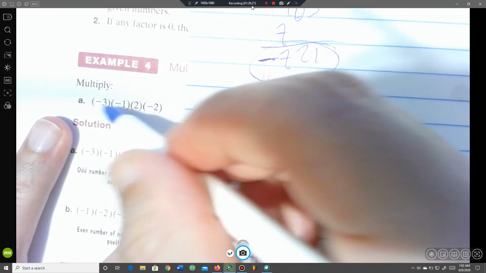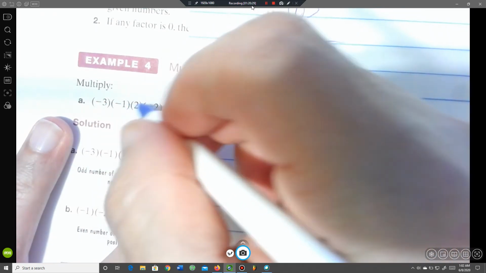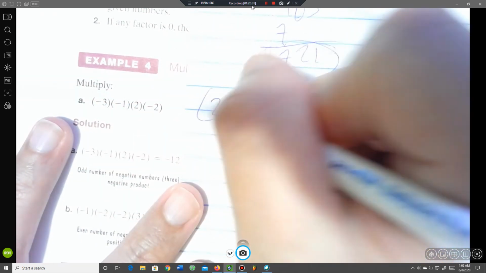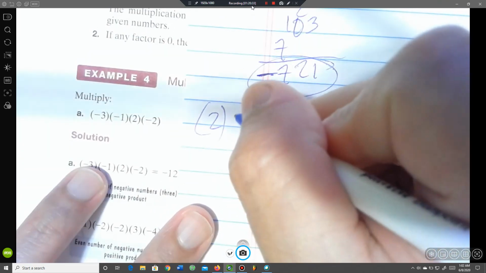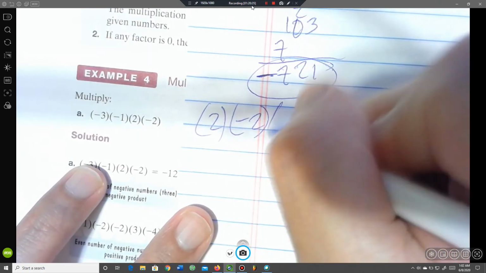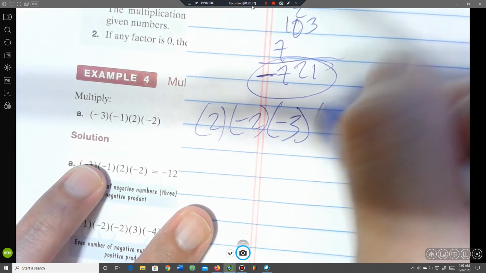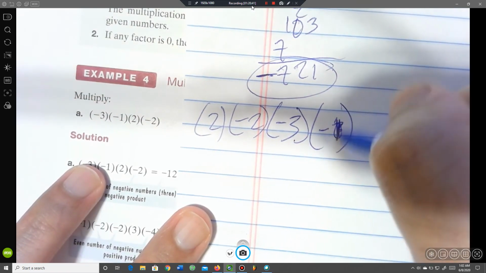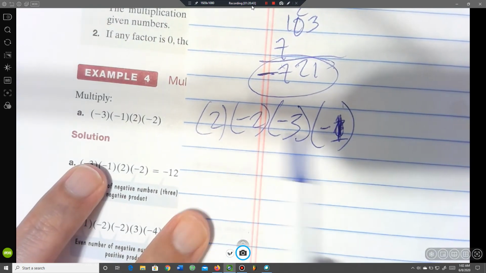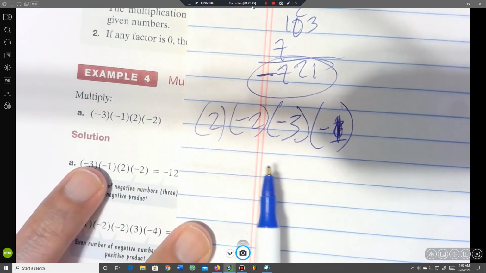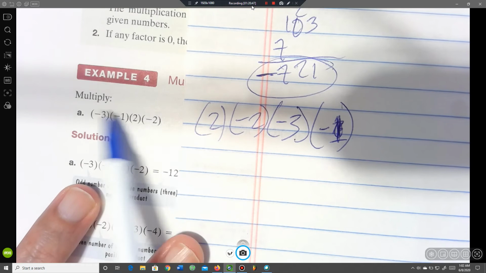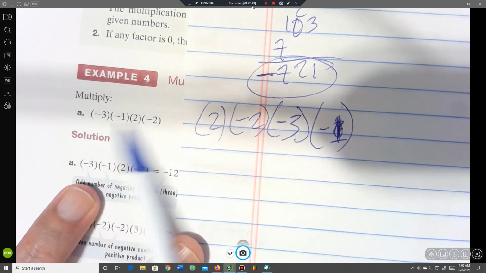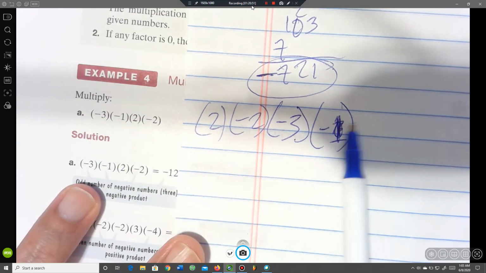This could mean the same thing as this times this times this times this. So it doesn't make a difference how you arrange these factors. You're still gonna get the same answer.